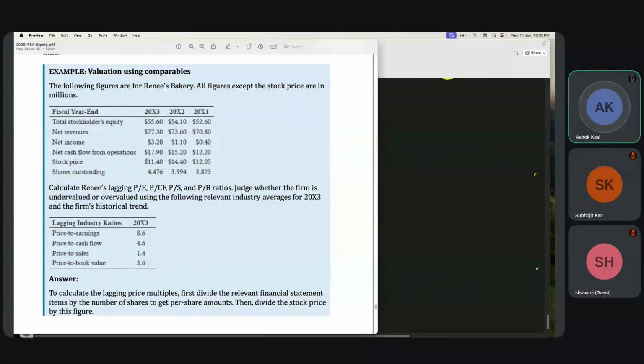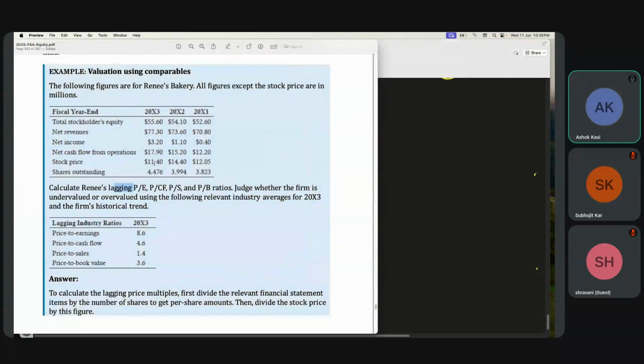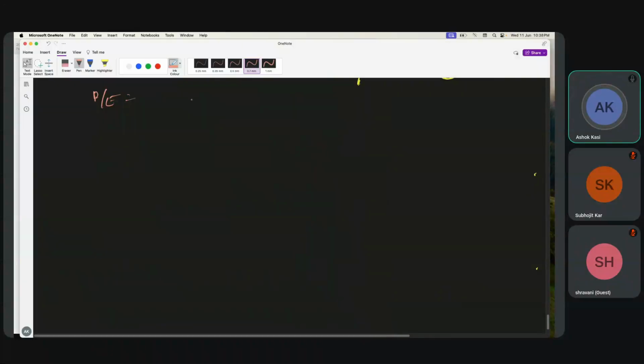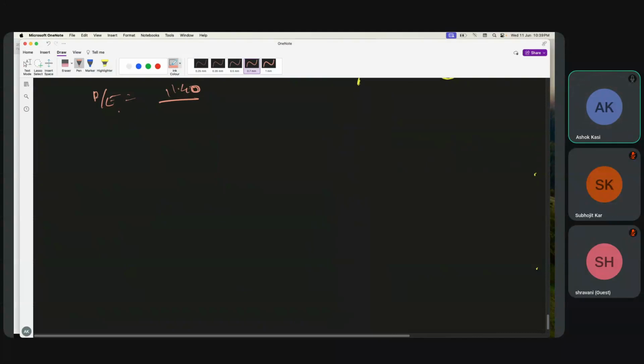So the price to earning ratio. Price is 11.40. I want earnings per share. Net income is 3.20, but this is not per share, this is the total in millions. So earnings per share is equal to total earnings divided by the number of shares.